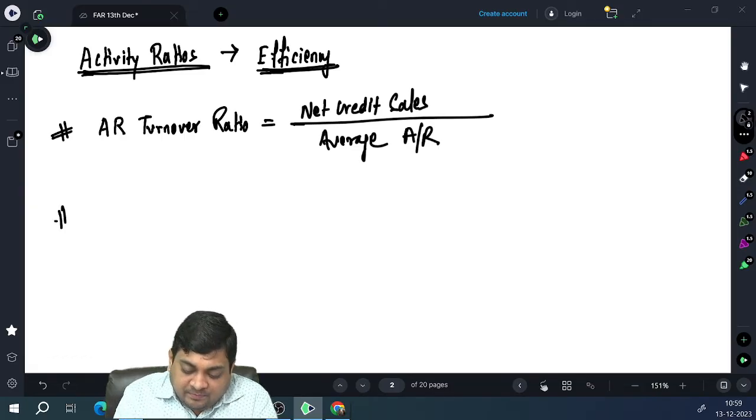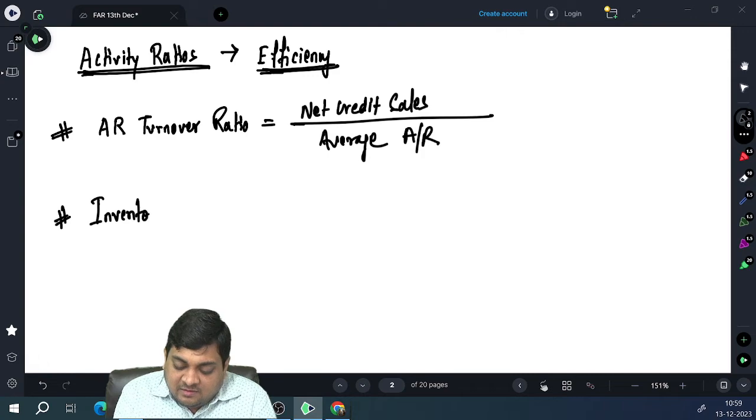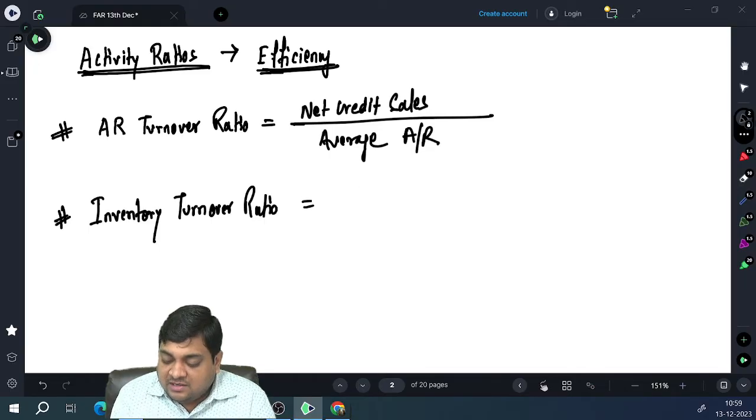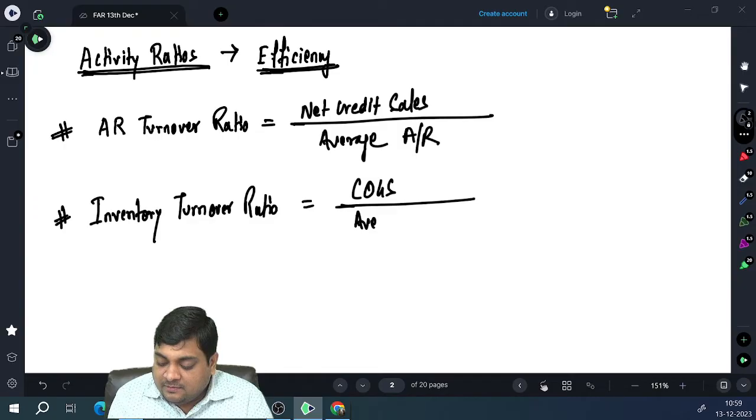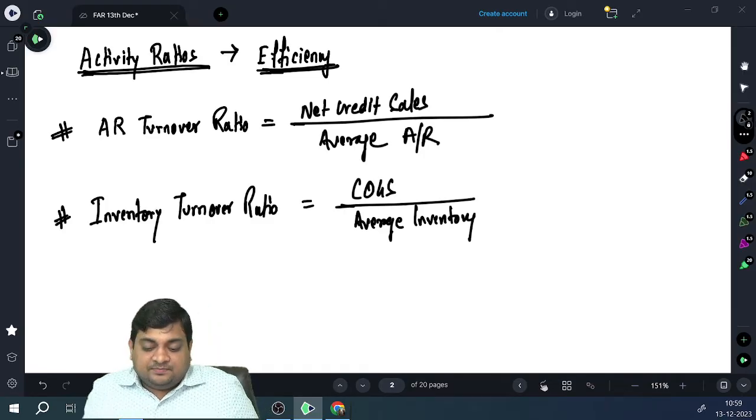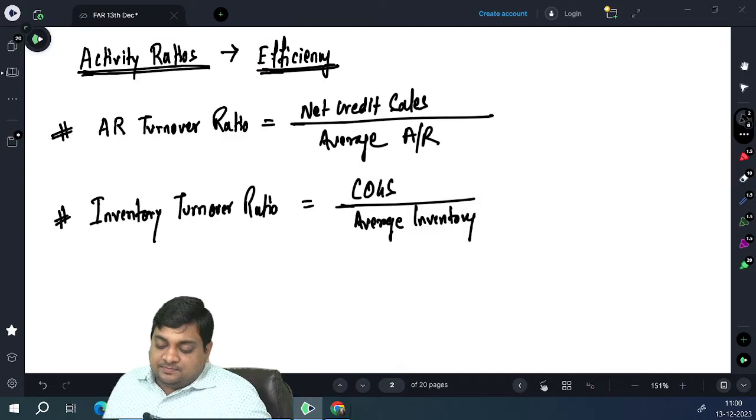Then we have inventory turnover ratio, that is cost of goods sold by average inventory.